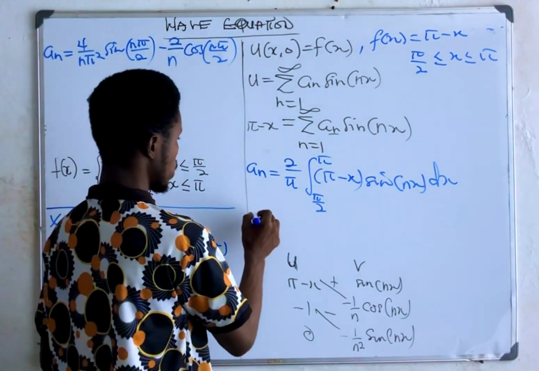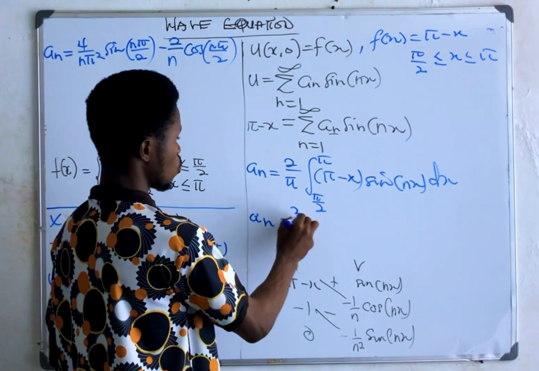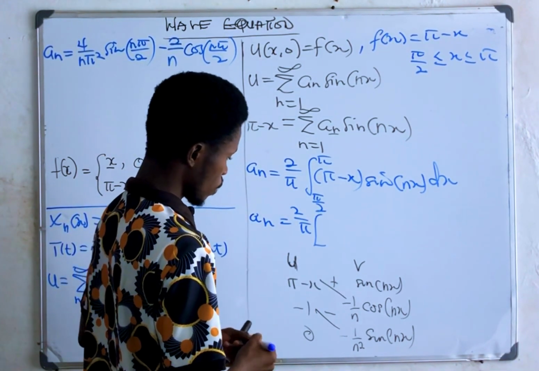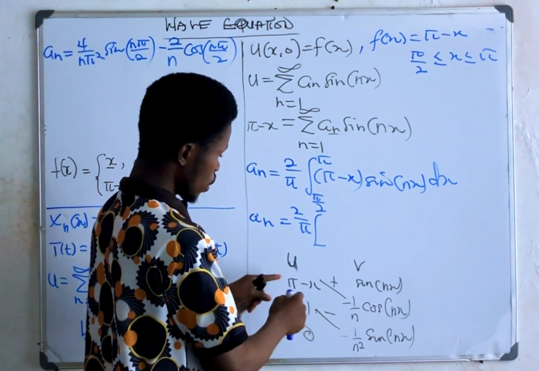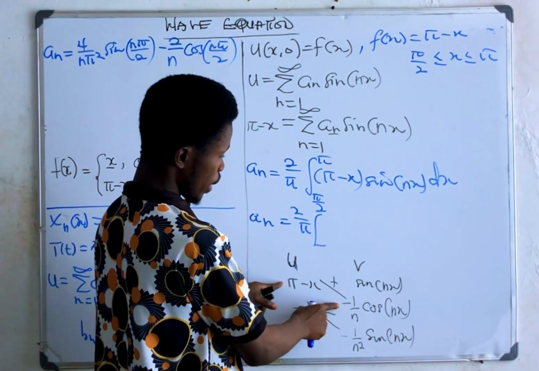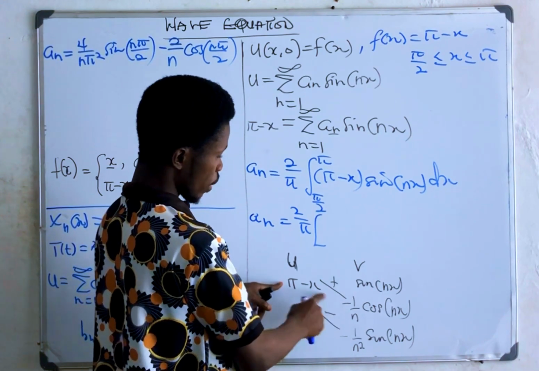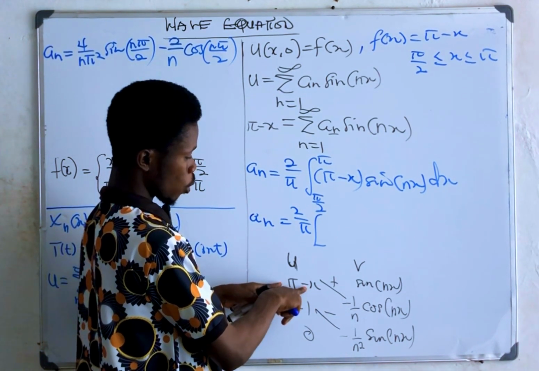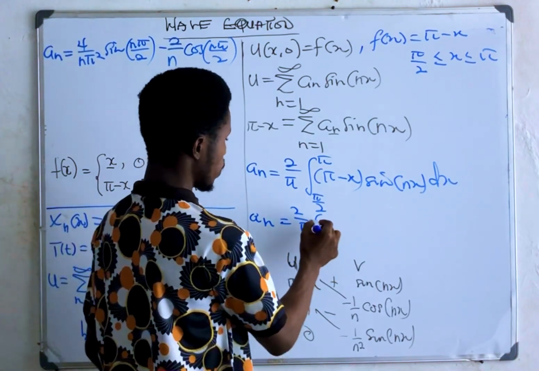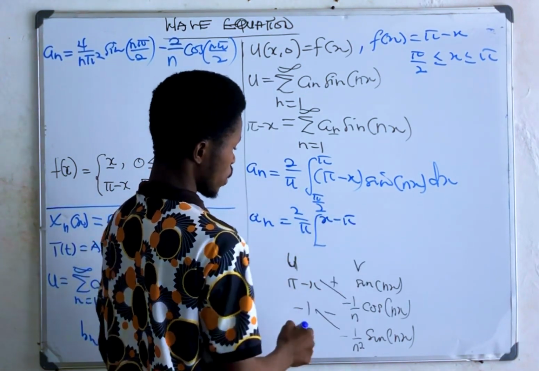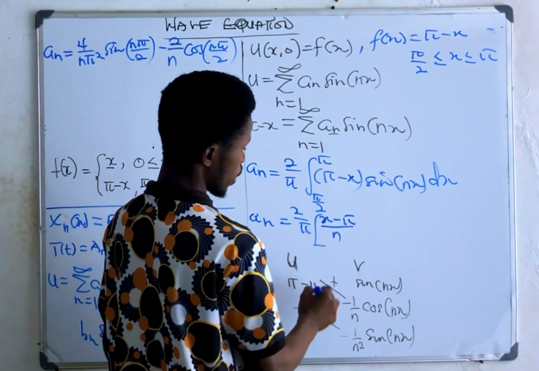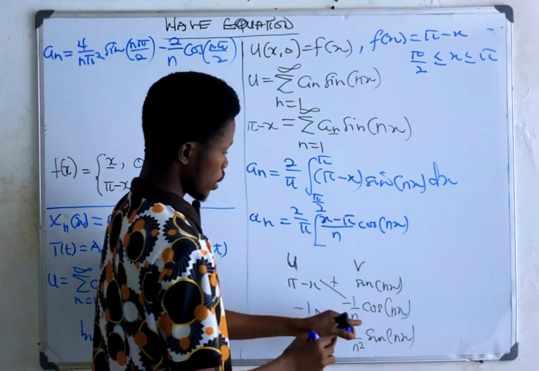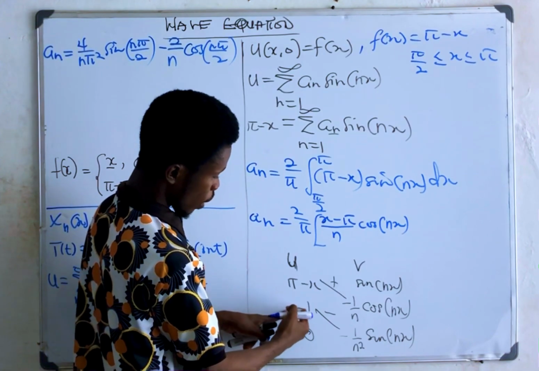So this is what you're going to have. Let's see what we have for a_n: 2 over pi, then pi minus x is multiplied by -1 over n. So this negative is affecting this. If I multiply by the negative, the x will become positive, right? So I'm going to have x minus pi, all divided by n, cos nx. Is that okay? Then -1.